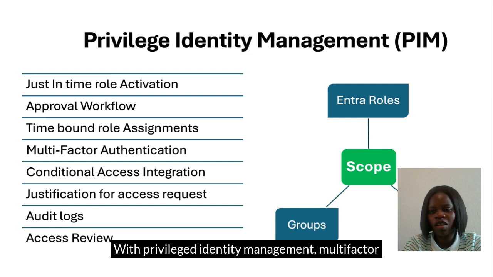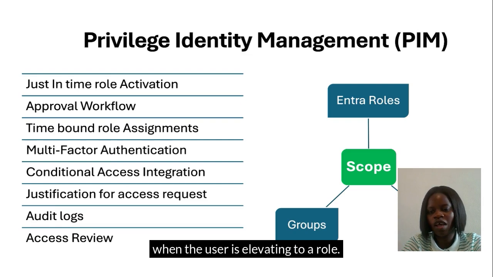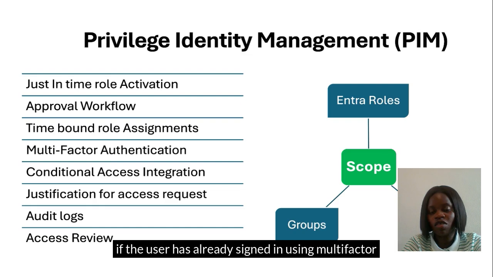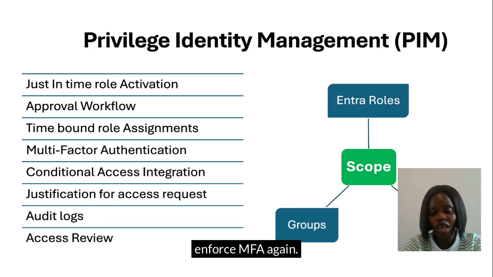With privileged identity management, multi-factor authentication can also be enforced on the user when the user is elevating a role. If the user has already signed in using multi-factor authentication, while the user is trying to elevate to a role in PIM, the user would not be requested to enforce MFA again.